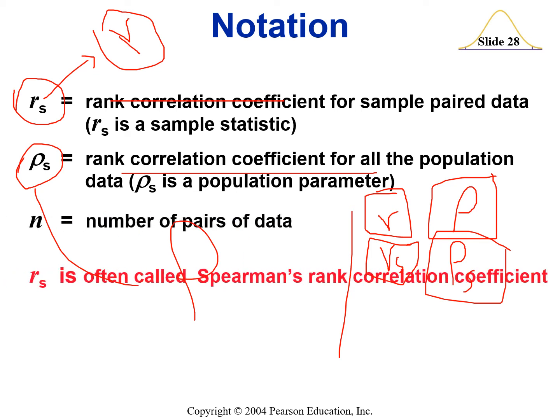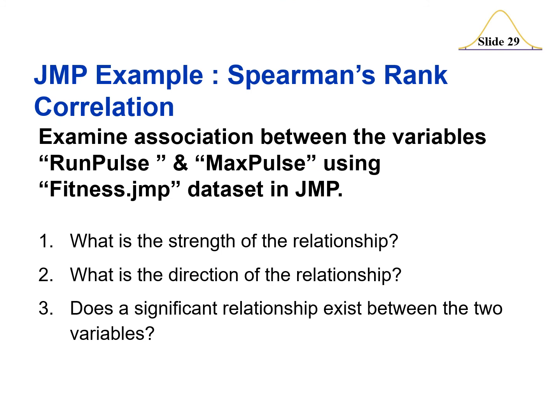So rs is often called Spearman, the statistician who developed rank correlation. Again, using JMP software, we want to examine the correlation between resting pulse and max pulse for a sample of individuals.